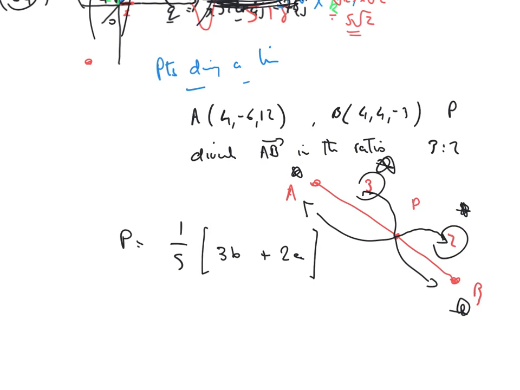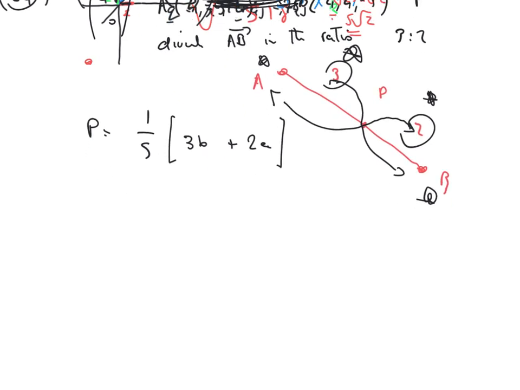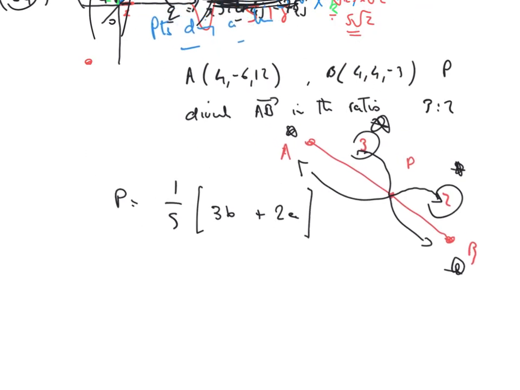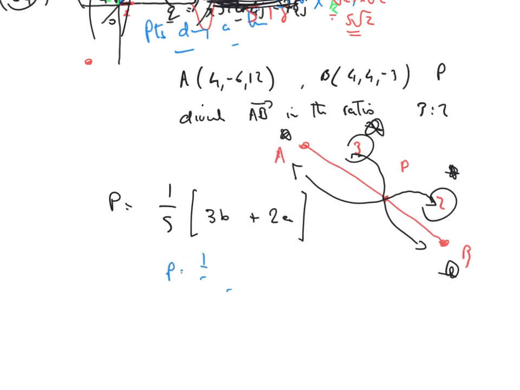Okay, I've introduced a rectangular bracket again just to make things very clear. Okay, so that's now 1/5 of 3 lots of the vector B, so that's 4, 4, minus 3, plus 2 lots of the vector A, which is 4, minus 6, 12.